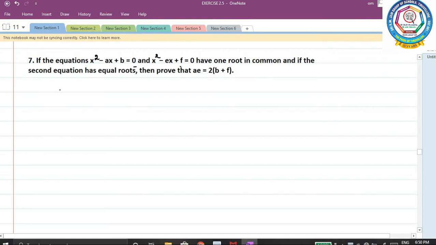So first we have to write the given equations. x square minus ax plus b equal to 0. Second equation, x square minus ex plus f equal to 0. Here what condition is given? One root is common. So here let alpha be the common root.